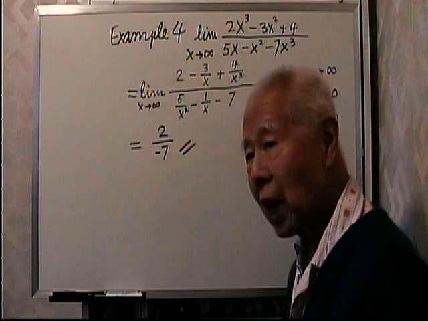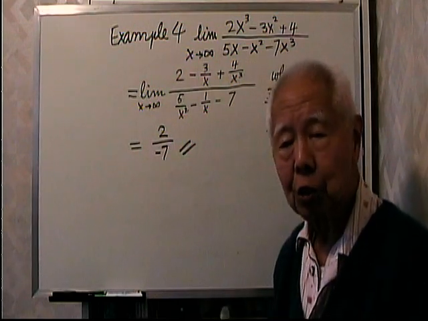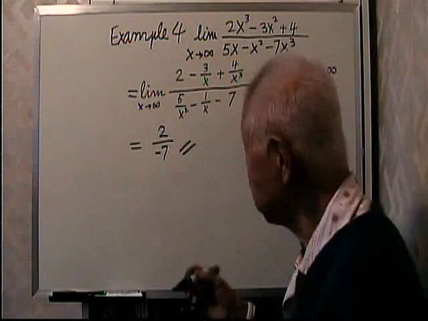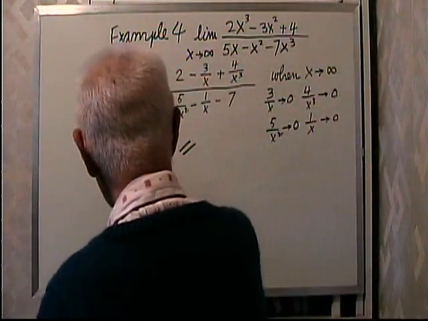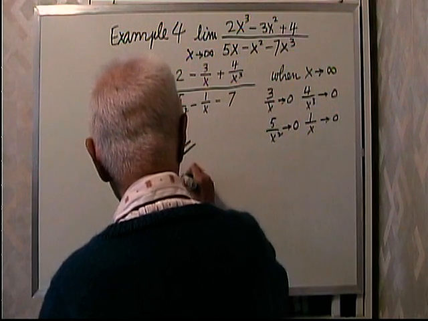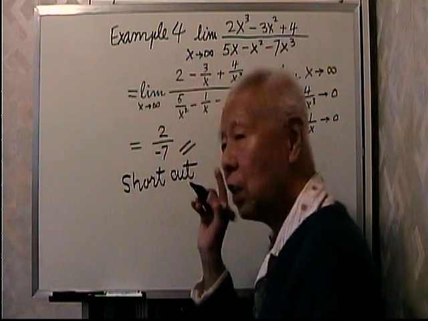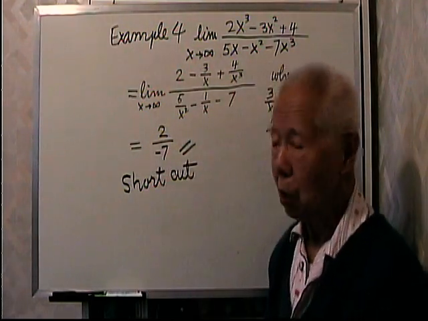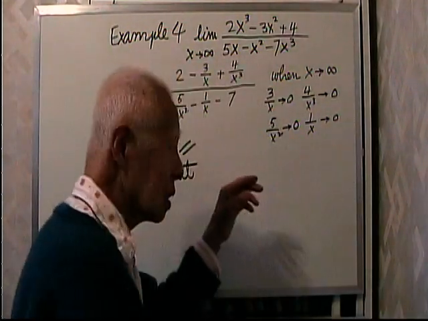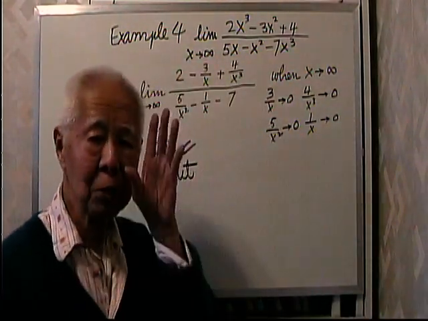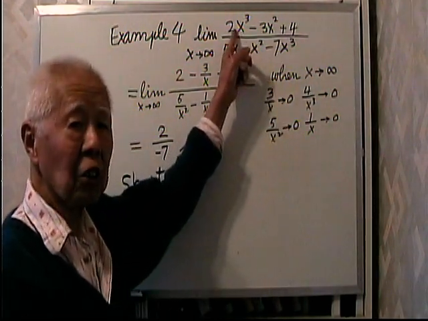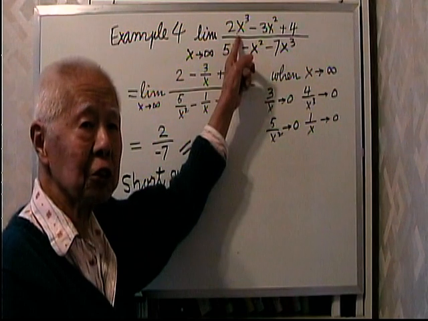What I want to mention here, you can do it in a much shorter way. I give you a shortcut. We have mentioned that when x becomes very, very large, on the top, this part is very large.